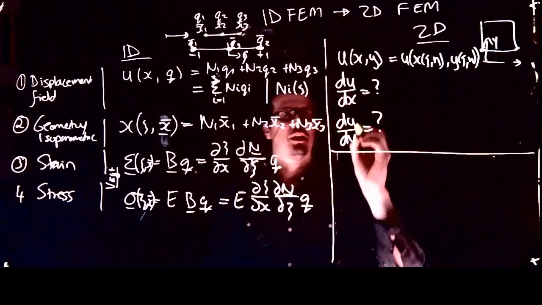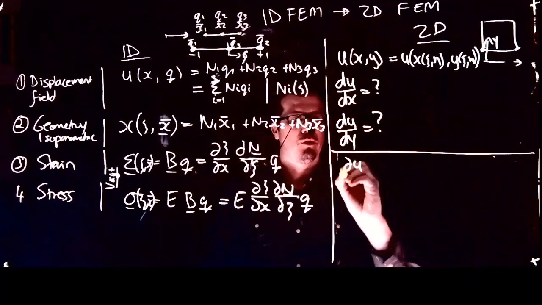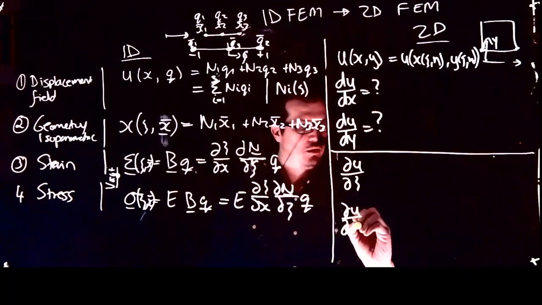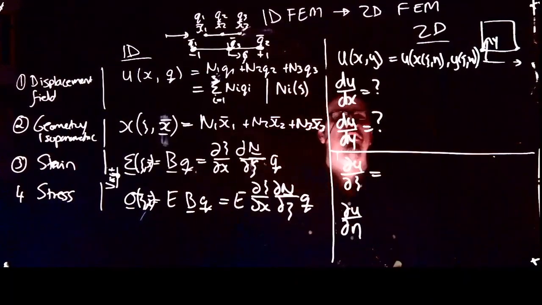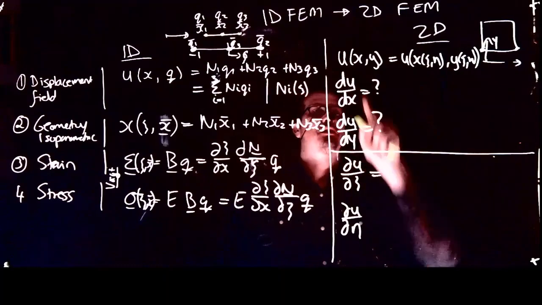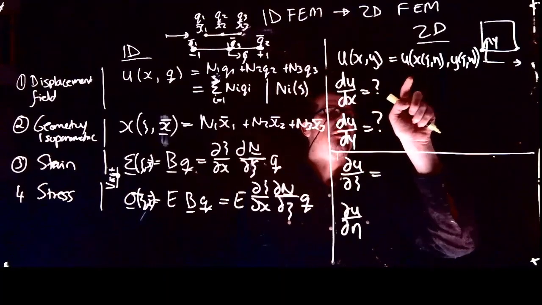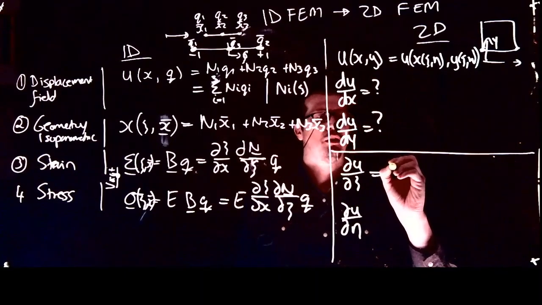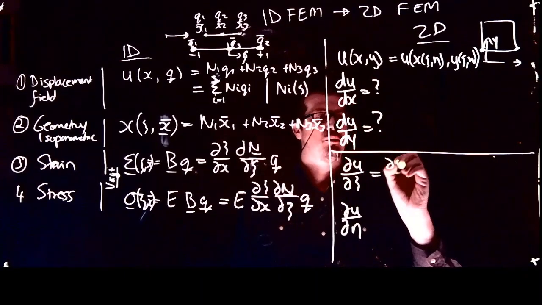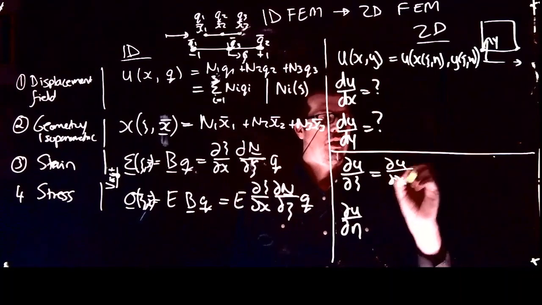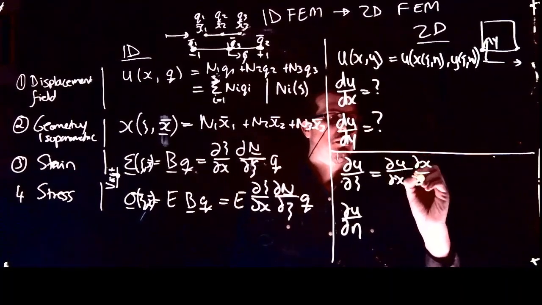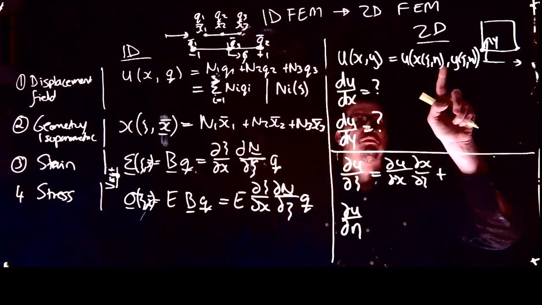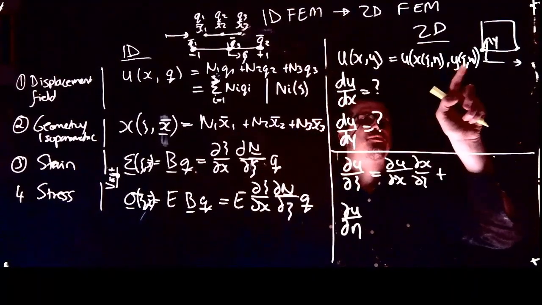So let's say the derivative of u with respect to psi and the derivative of u with respect to eta. Let's just take that through and see what we learn. Derivative of u with respect to psi is derivative of u with respect to x, multiplied by x with respect to psi. So that's just the chain rule that I'm doing here. Nothing fancy, really just basic stuff. Plus u with respect to y, and then y with respect to psi.